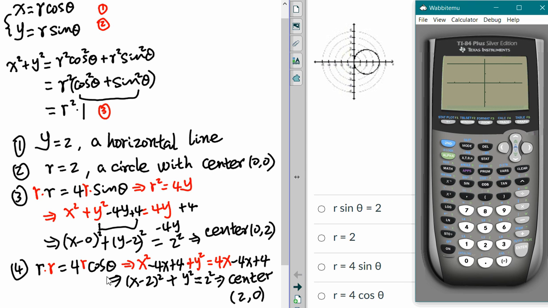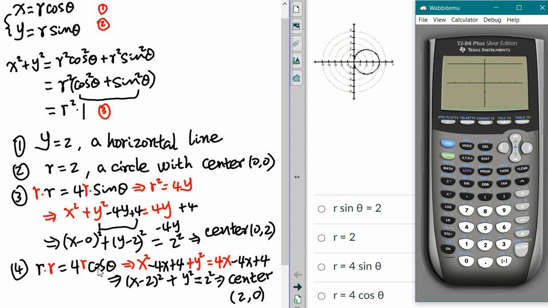By similar steps, for equation 4, you can do the same thing. Both sides multiplied by r. You have r squared equals 4 times r cosine theta.